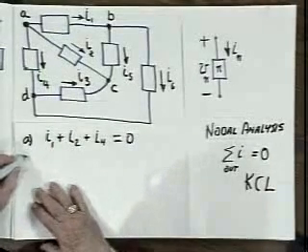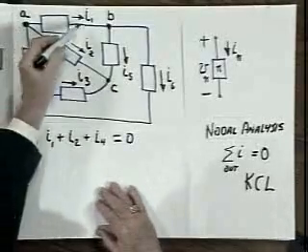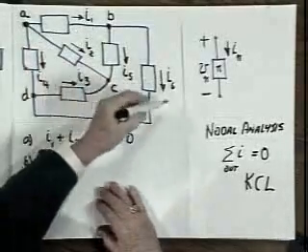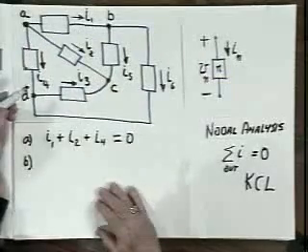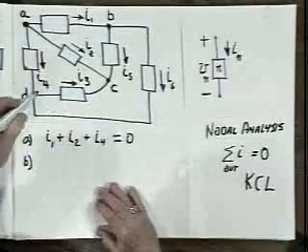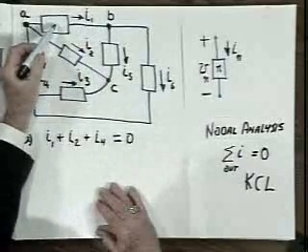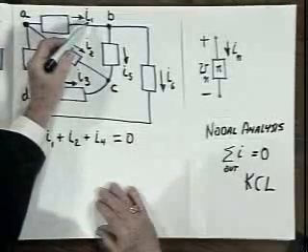If we move over to node B, in this case, not all of the arbitrary definitions I've assigned to element currents are flowing out, so we have to be careful and take account of the signs. The current flowing out of node B through this element is minus I1.